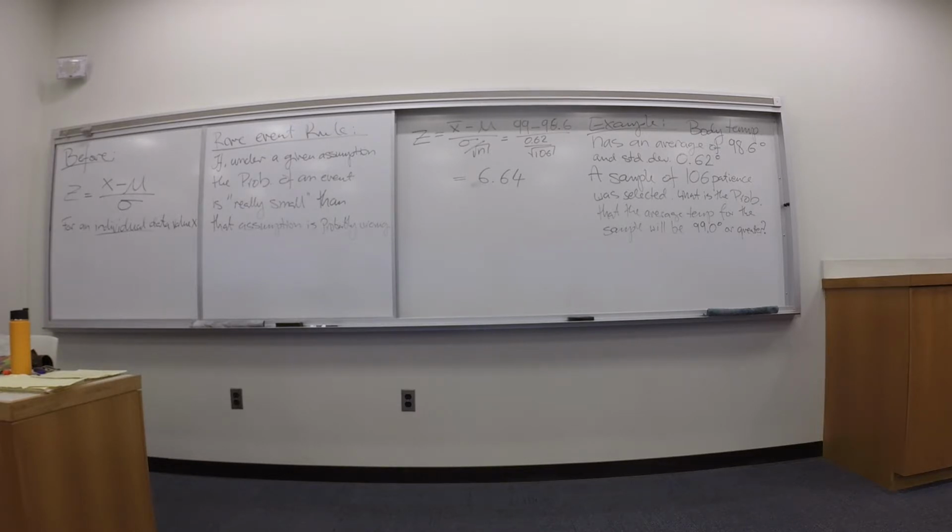So divide by parentheses 0.62 divided by square root of 106 close parentheses, 1 close parentheses. Let me know if you get the same numbers I do.